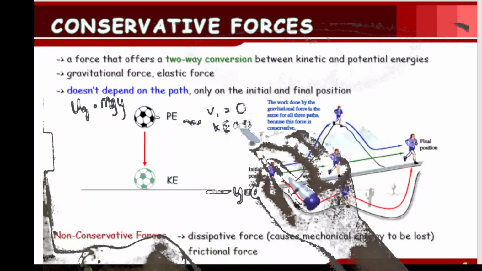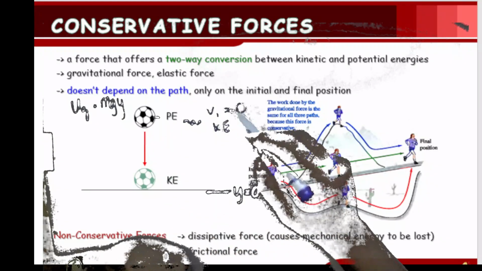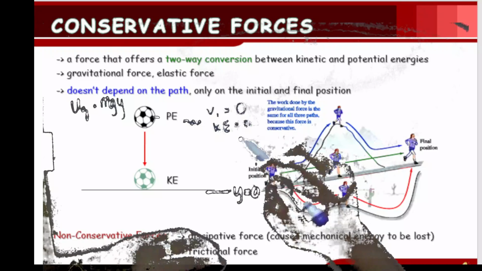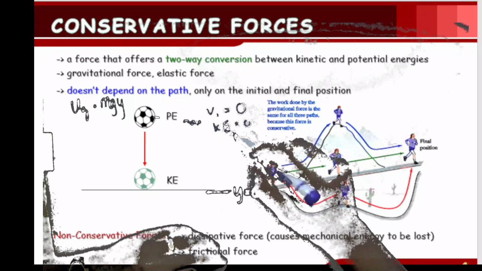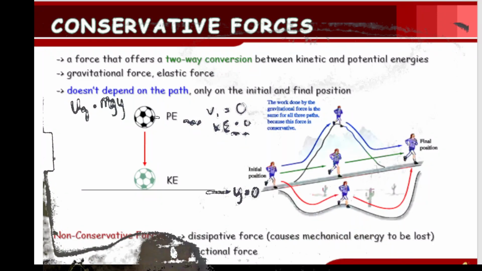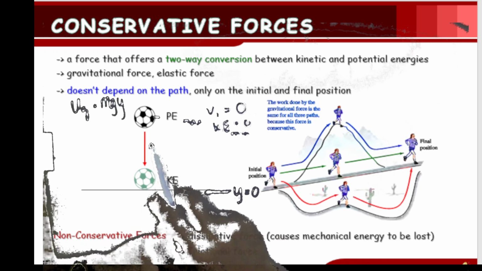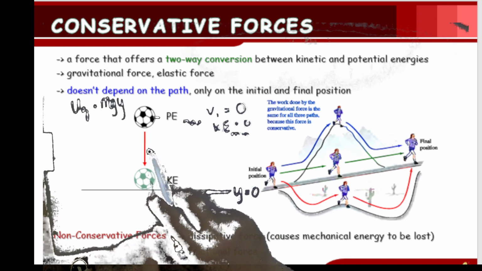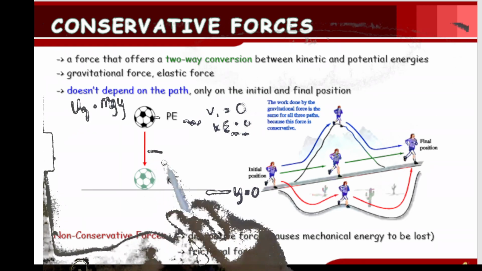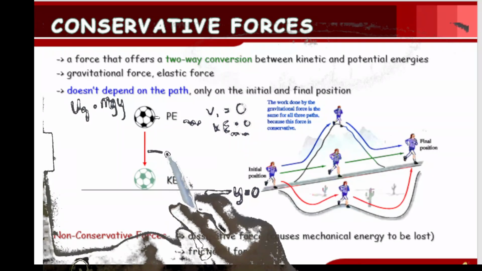But take note, since it is released from rest, the kinetic energy at this level is 0. So the kinetic energy has its minimum value. Now, as it gradually goes down, for example when it reaches here, what happens to your potential energy?